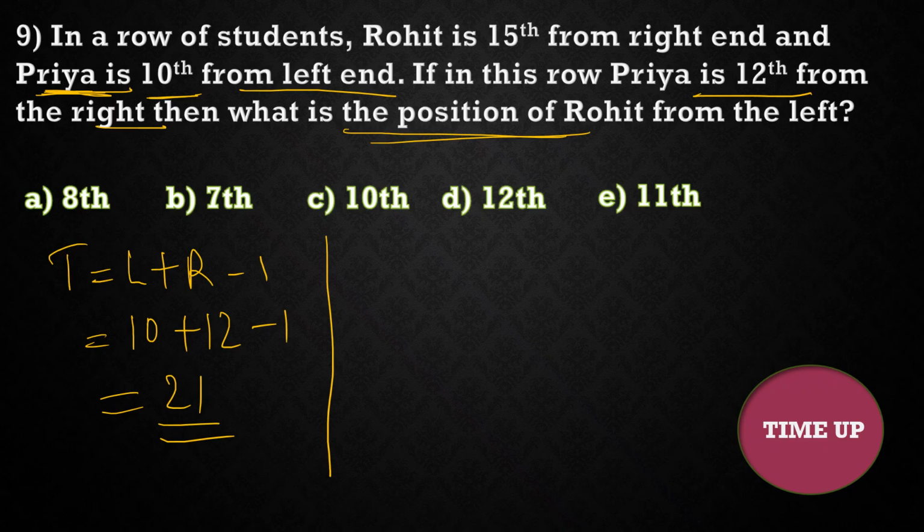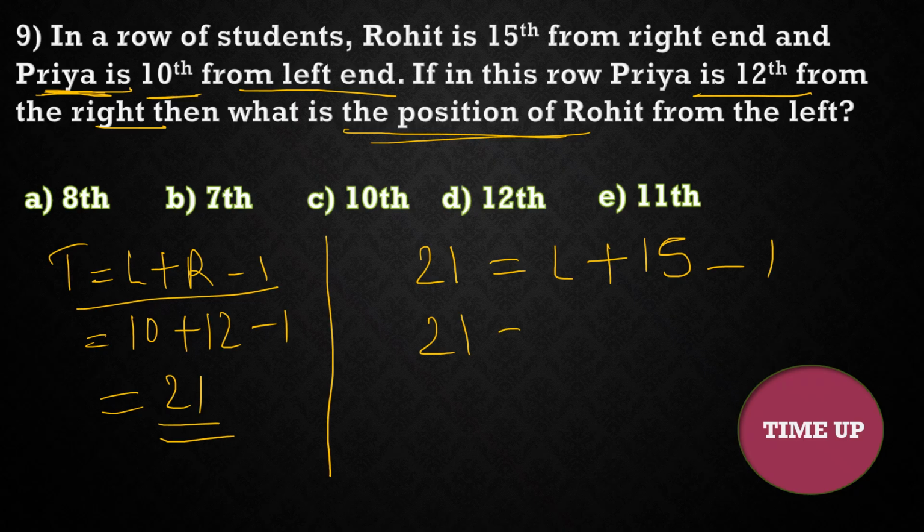What is the position of Rohit from the left, which I want now? From the right hand, the position is already given. So again, I'll use this formula only. Total is 21, equal to left hand, which we want, plus right hand 15, minus 1.